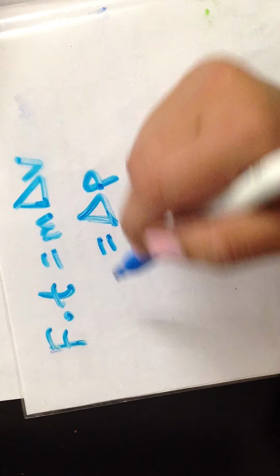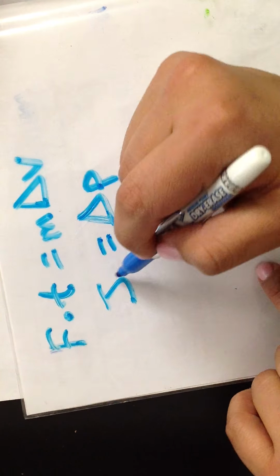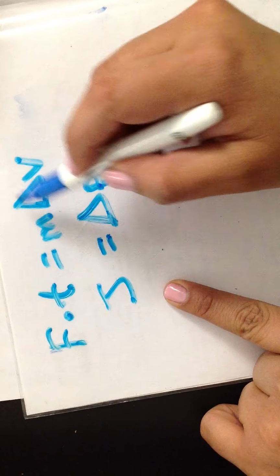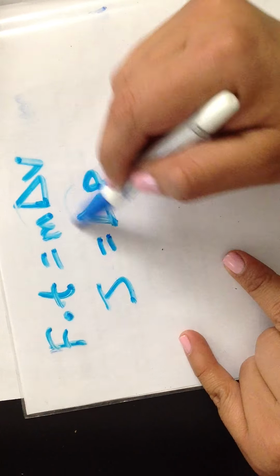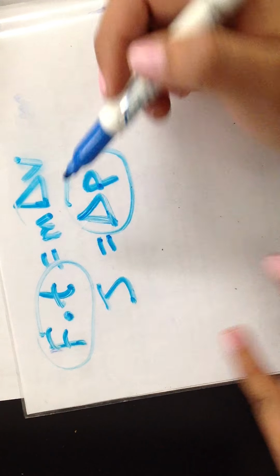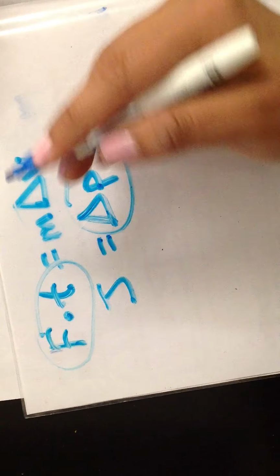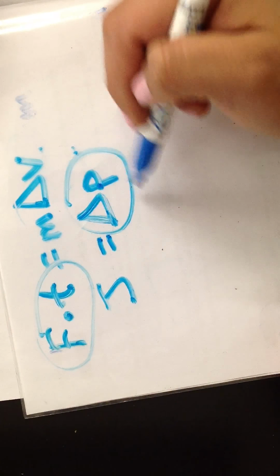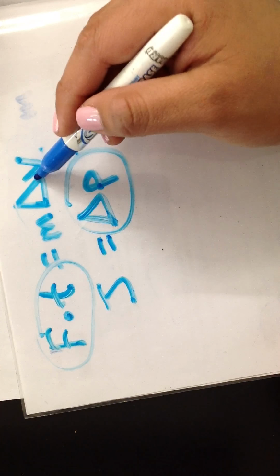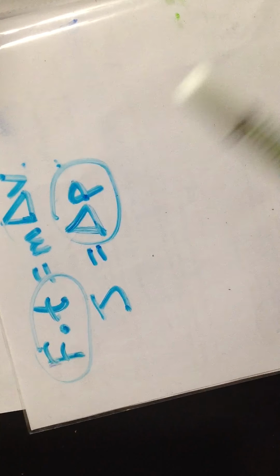Force times time is equal to impulse, which is J. So J can be equal to either this formula or this formula. These two formulas are pretty much the same thing, except written in a different way. This one just writes down the variables, and this one tells you what variables actually make up this formula. Now, back to the practice problem.